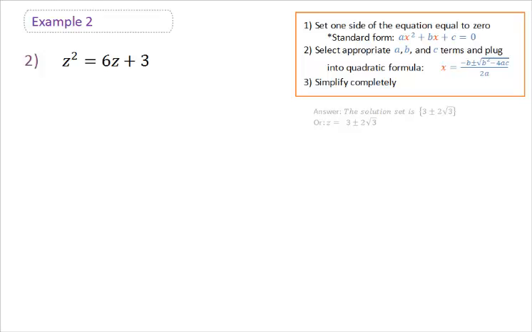Example 2 I have is z squared equals 6z plus 3. So our first step is set one side of the equation equal to 0. Now I like to do this the same way I do in my factoring method, is I like to keep my leading term, the one with the squared or my highest exponent, positive.